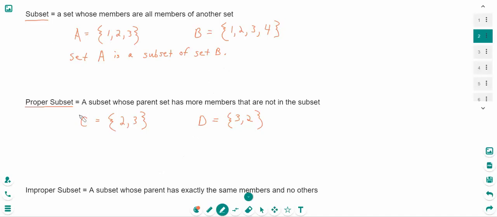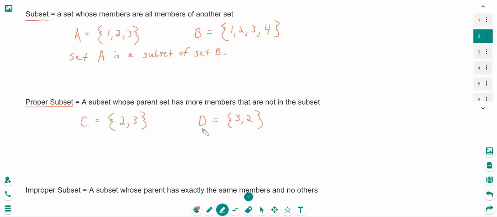However, it is not a proper subset, because a proper subset is a subset of another set, and that other set, the parent set we'll call it, has more members than just those in the first set.